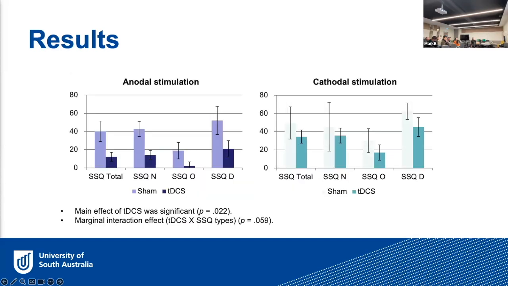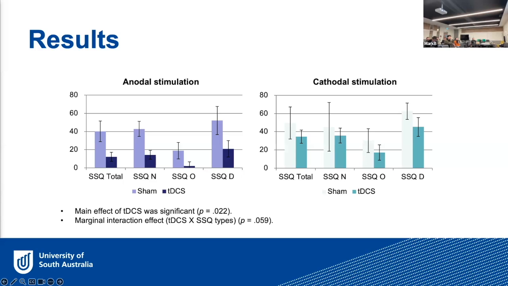The results show that we could stimulate those brain areas with anodal stimulation and cathodal stimulation, but only with the anodal stimulation did the results show that, compared to the sham group, the people who received the tDCS stimulation showed a lower level of cybersickness, and the reduction was huge in the disorientation perspective.